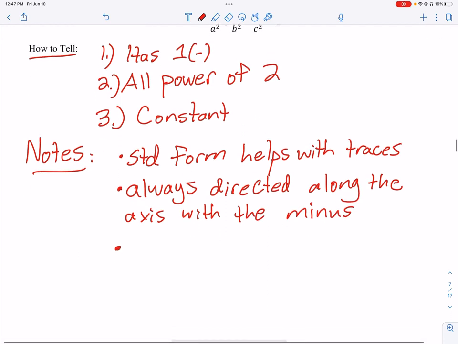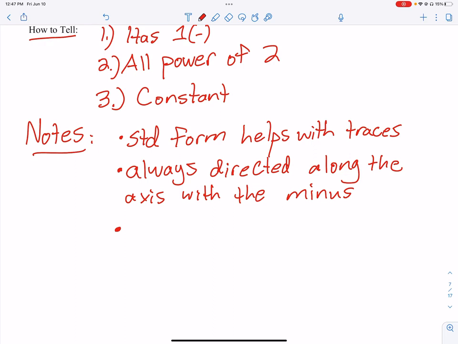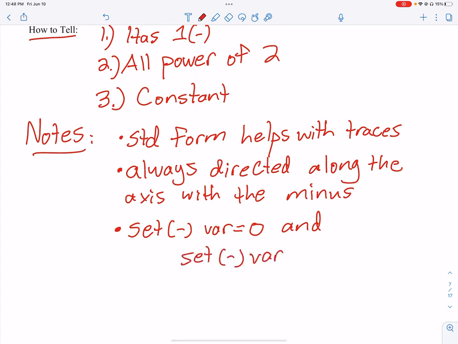All right, and then to help us get some traces and help us graph, we set the negative variable equal to 0 and set the negative variable equal to plus or minus the square root of its denominator.